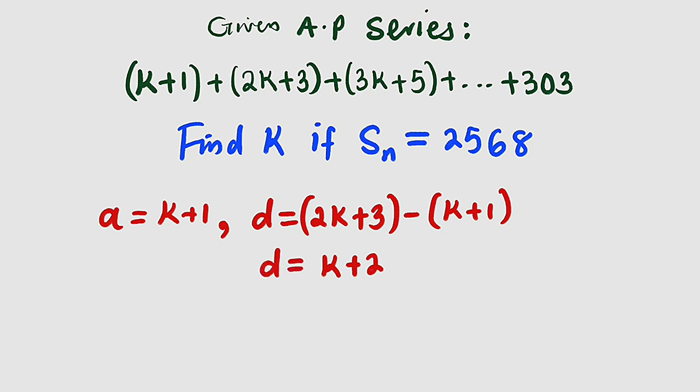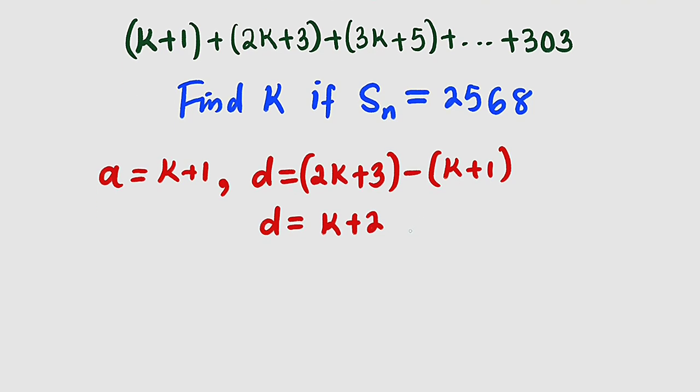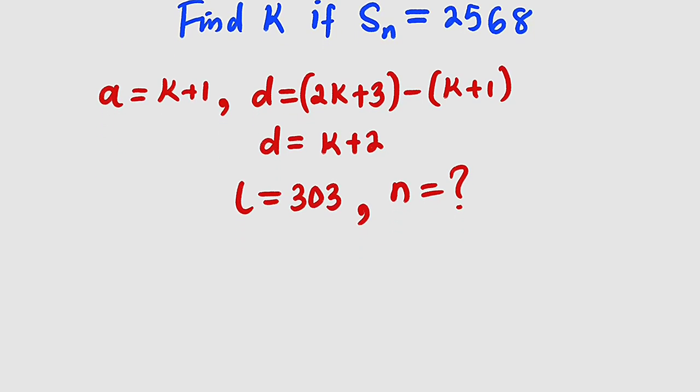Then what else do we need? I think we need L. L is the last term, which is 303. We also need N, but N is unknown. Let me write the formula first.